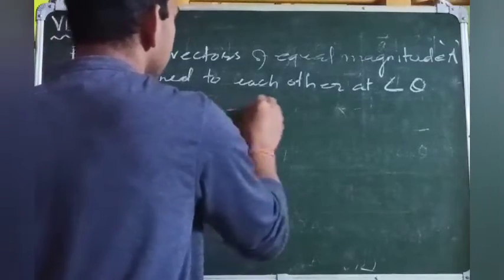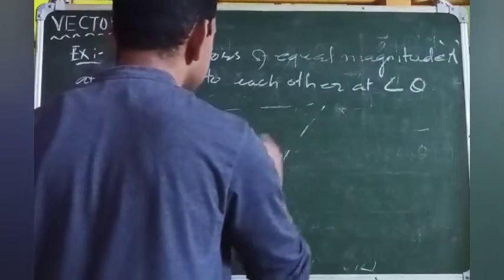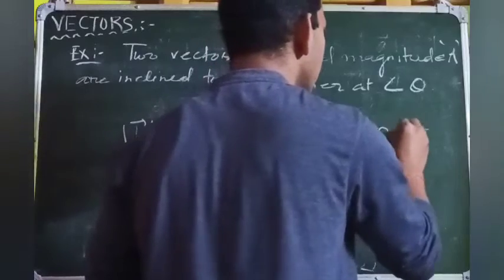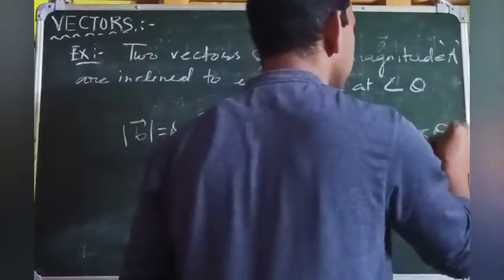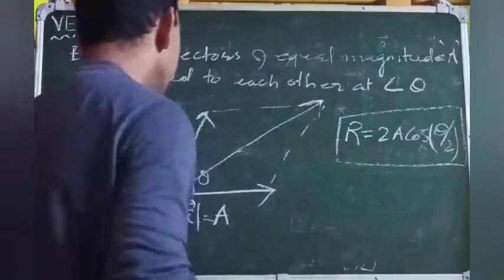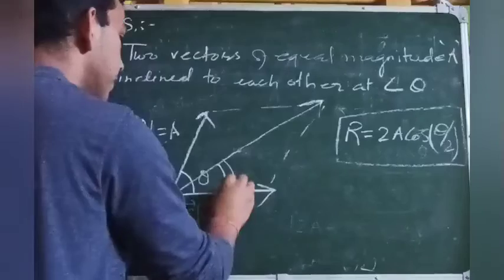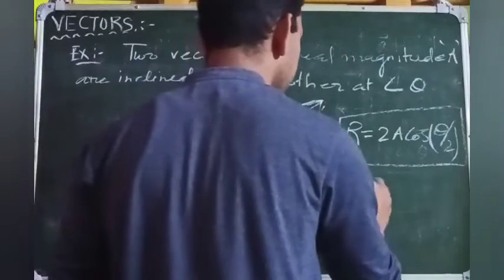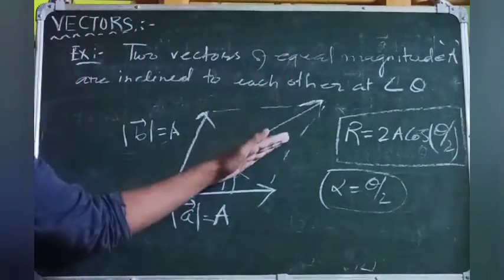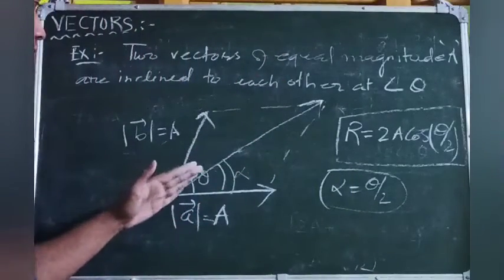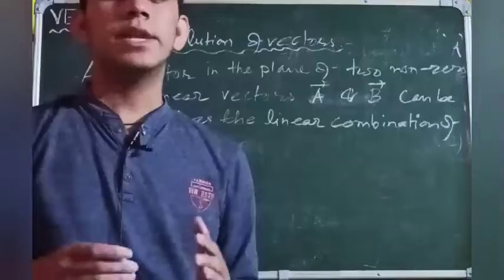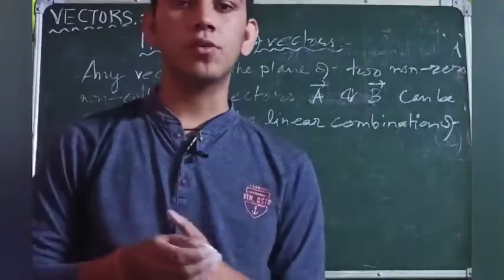Then the magnitude of this resultant vector r is 2a cos theta by 2. This is one formula, and this angle alpha is theta upon 2. That means the resultant vector r is going to pass through the midline of these two vectors. Next, we are going to see resolution of vectors.